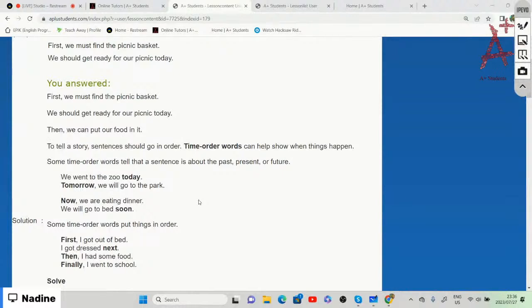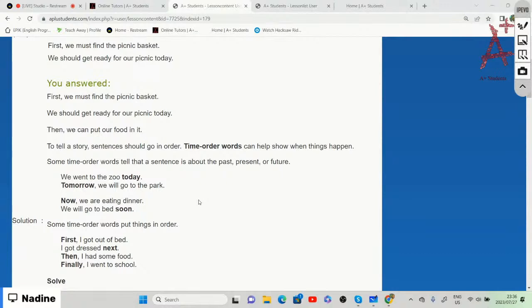So it tells us when things happen. And remember when we ask when things happen, it doesn't specifically have to be a time or date, right? We can use words like today, tomorrow, later. Those are but a few time order words.